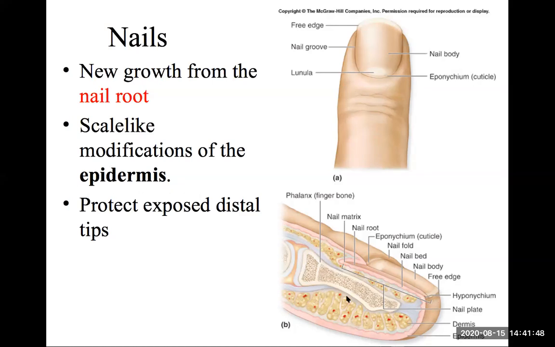Even though it goes all the way down into the level of the dermis, this is not dermal tissue. The nails are thought to help to protect the exposed distal tips of the finger. So again, if you think about humans climbing around, moving around the environment, the nail has a protective function. And you can see nails like this in other great apes as well, and other monkeys and other things that use their fingers for climbing.